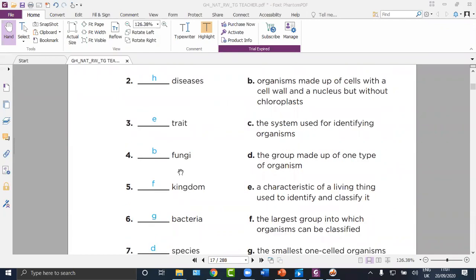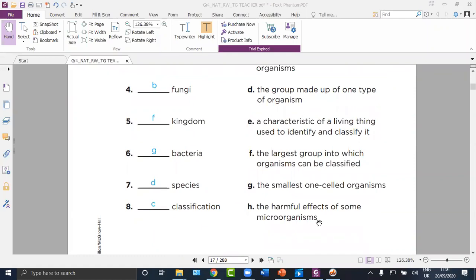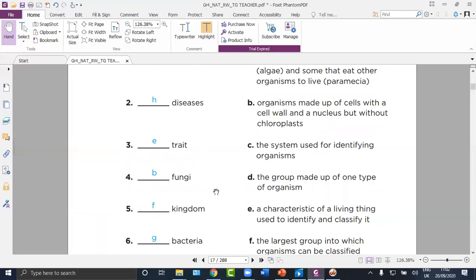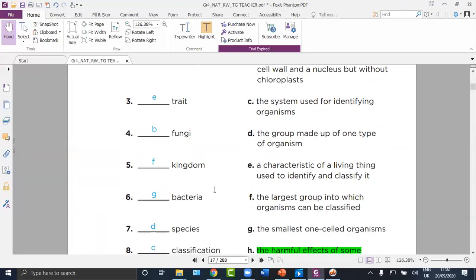The matching between number 2 and H. The harmful effect of some microorganism. Number 3. Trait.